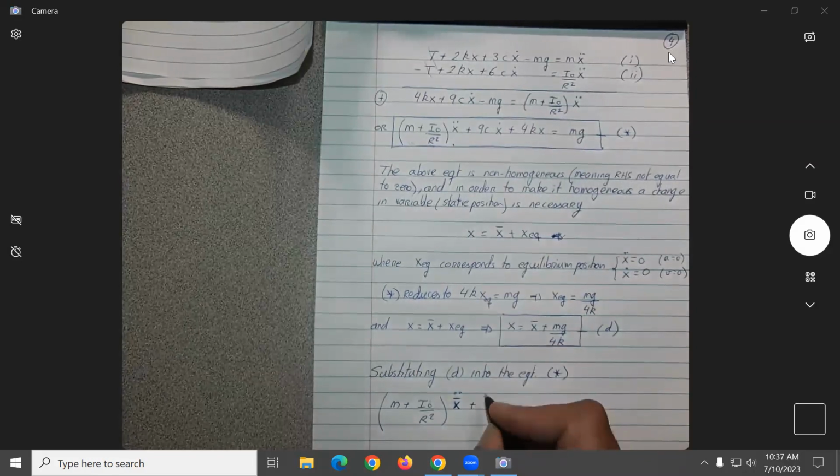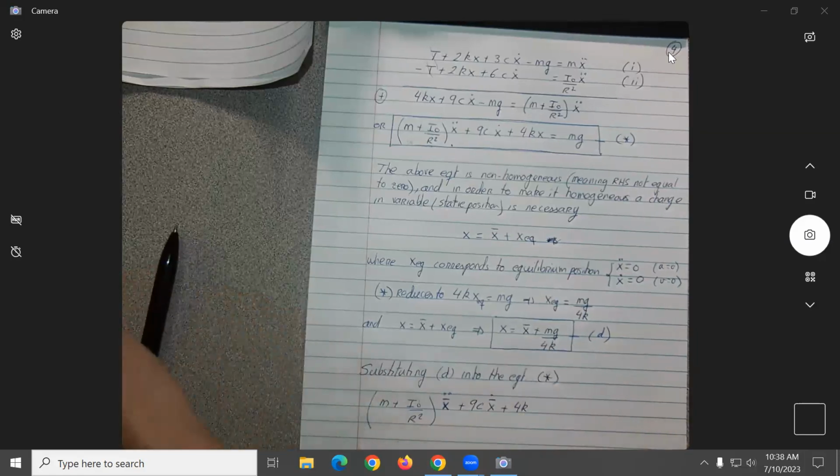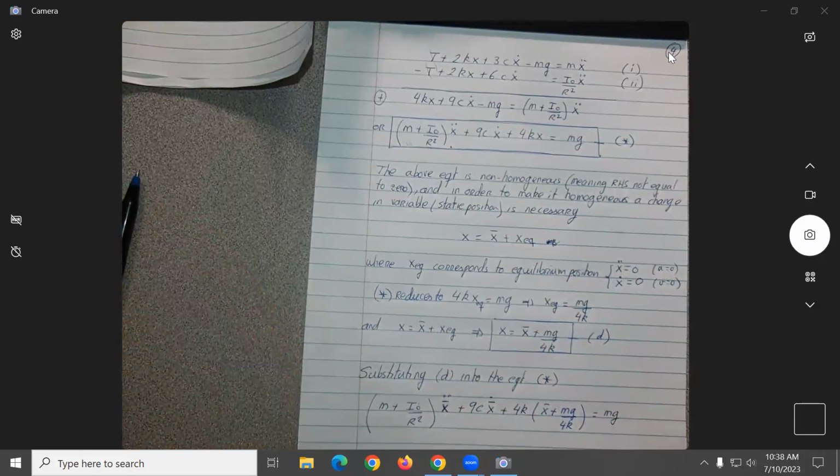Now you do the same thing for the second one. We get plus 9c x bar dot, for the same reason, because the first derivative of the constant will be 0. Then the last one will be plus 4k times x bar plus mg over 4k, which should be equal to mg.